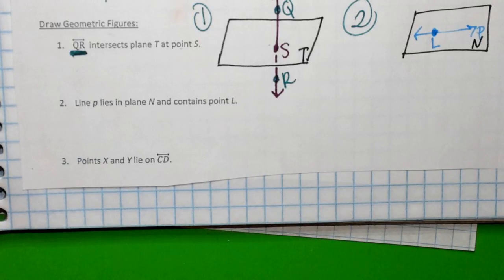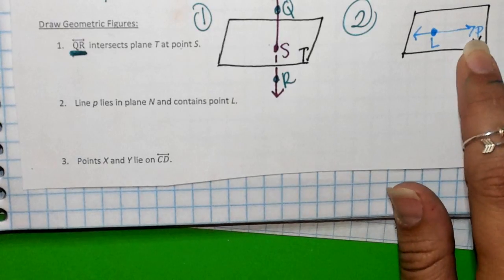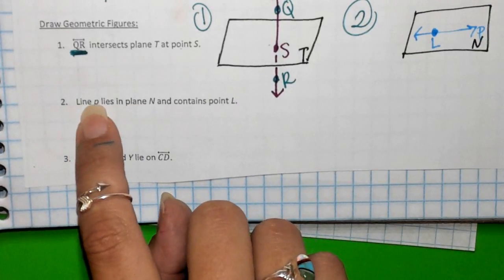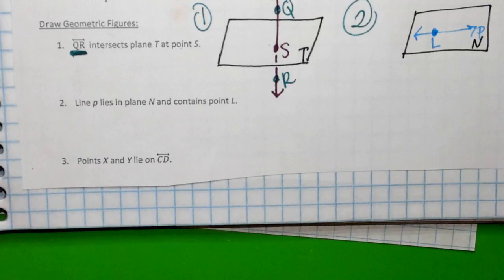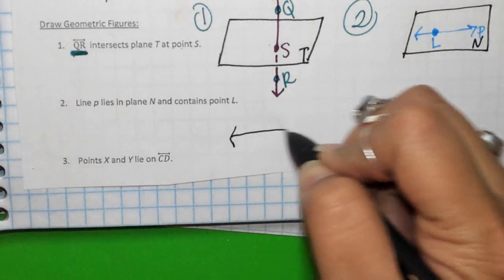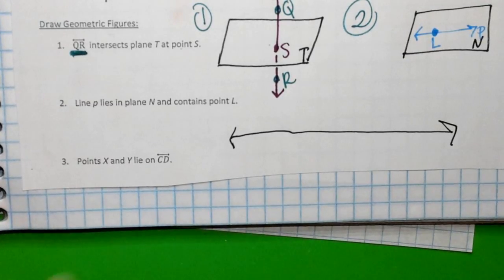It's a line, right? This? T. Can you draw a line for me? What all needs to be on this line?